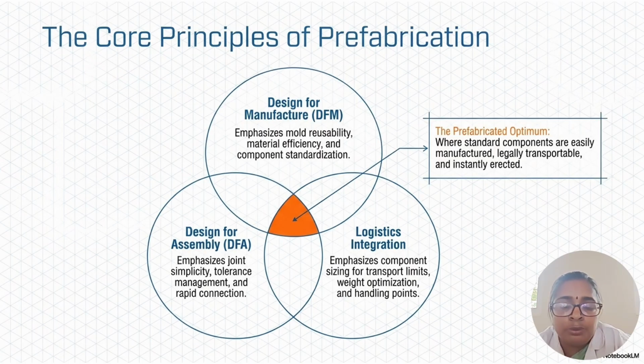And what are the core principles of prefabrication? Design for manufacture, design for assembly, and logistics integration. So these are the three core principles of prefabrication. That is, standard components are easily manufactured, legally transported, and instantly erected.